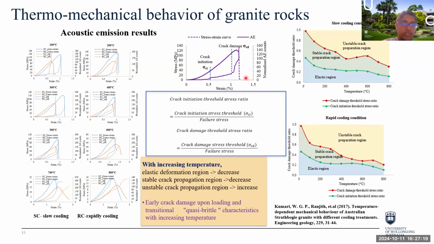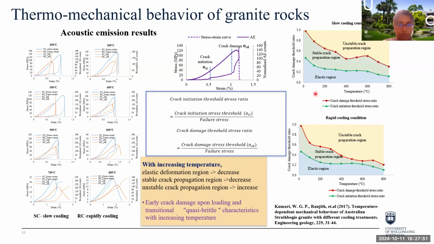We also studied post-failure aspects, but I did not include them, as this particular result doesn't capture that aspect. We then defined stress threshold ratios combining stress strain curves and cumulative AE counts, as you can see in these plots. AE analysis further confirmed this thermally induced damage upon heating followed by cooling.